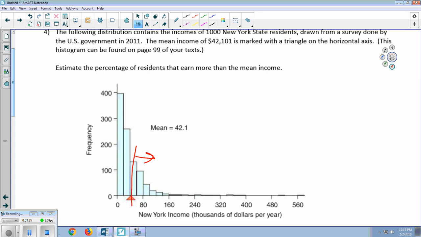It looks like not nearly as many as fall on the below side, so maybe about 25%, which would mean that 75% of the distribution is below the mean. So that doesn't sound like a way to describe a typical value for this distribution.